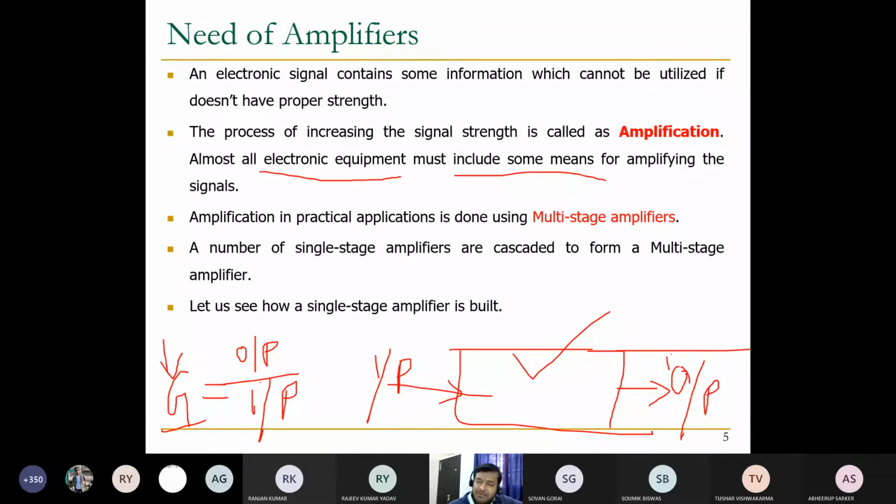What is a multi-stage amplifier? If you consider a number of single stage amplifiers and connect them together in a cascade manner, this is basically called a multi-stage amplifier. Suppose this one is a single stage amplifier, this is another single stage amplifier, and this is another. If you connect them together in a cascade manner, it will form a multi-stage amplifier.